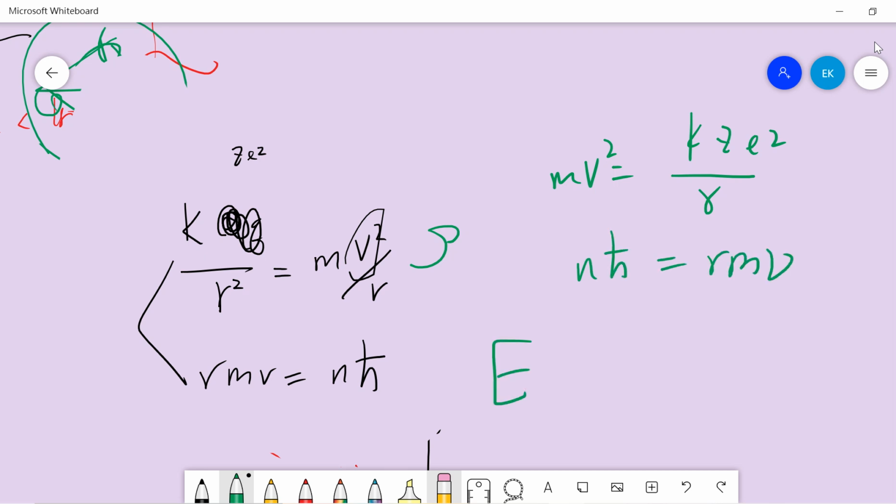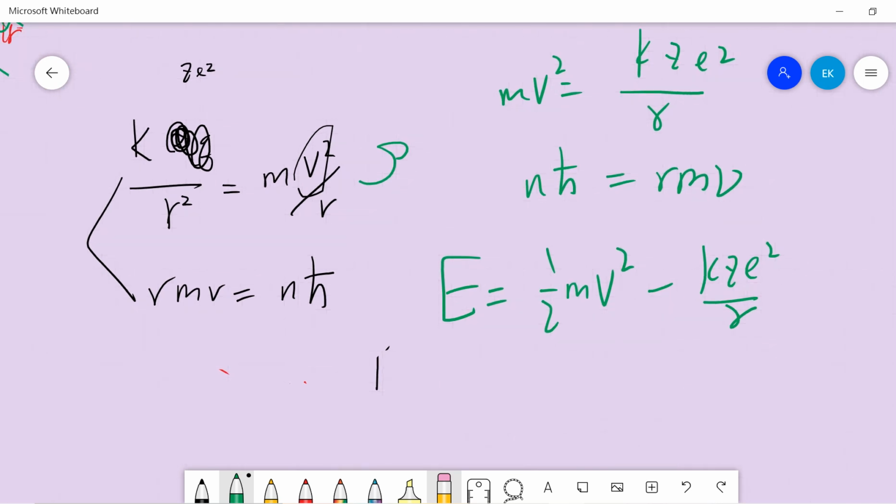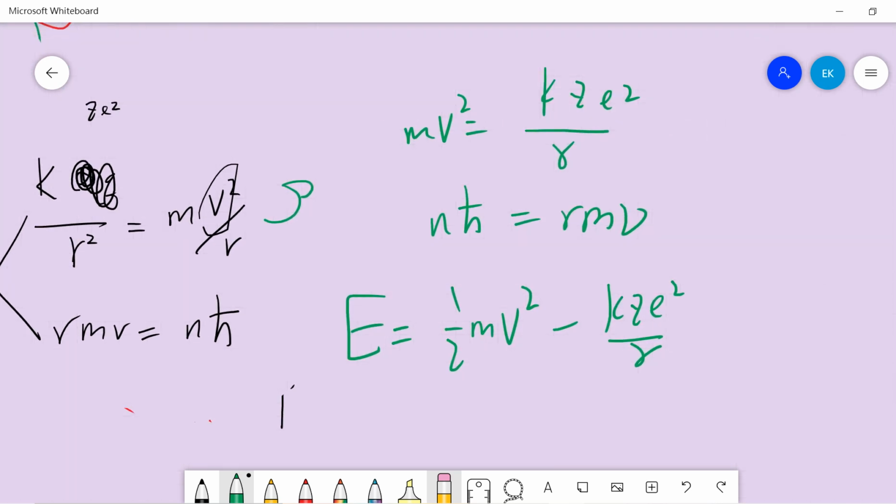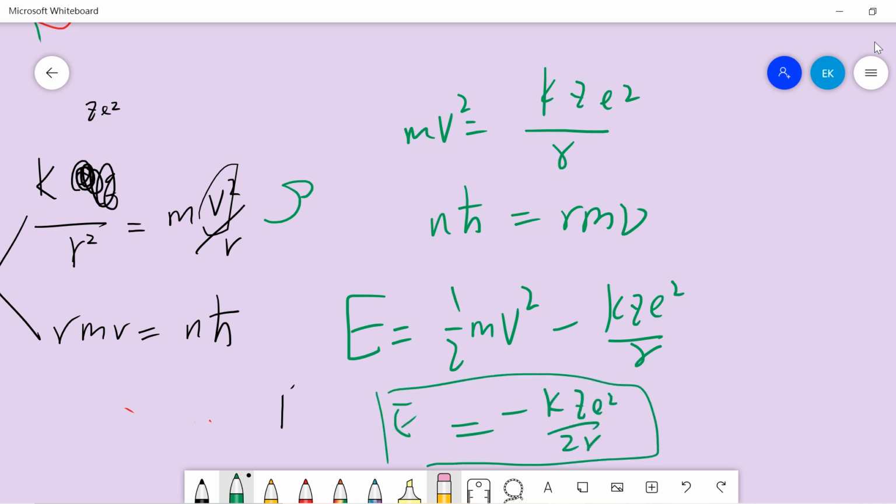So one thing is that this is the total energy, right? So this tells you that if you multiply by a half, you get this expression. The only remaining constant we don't know is this r.